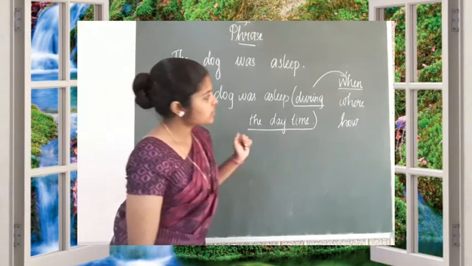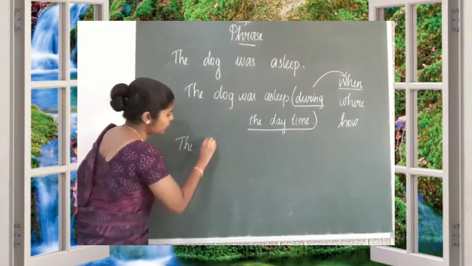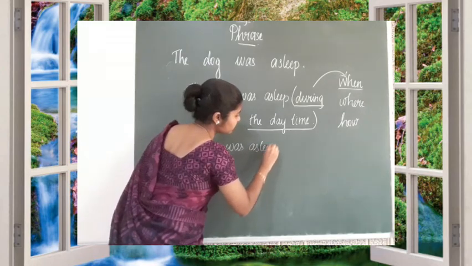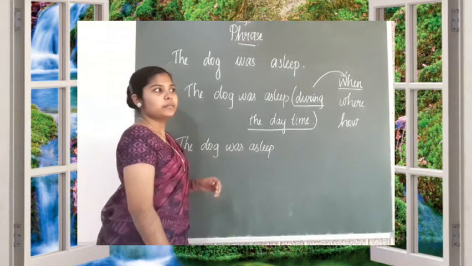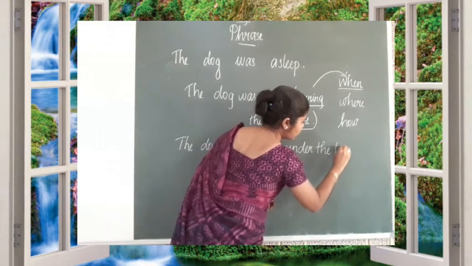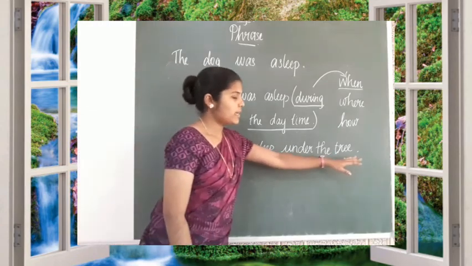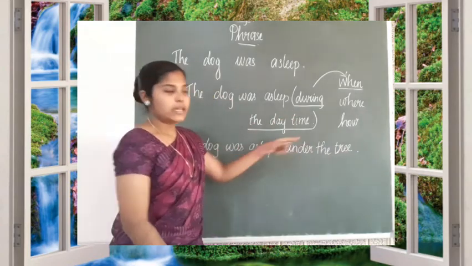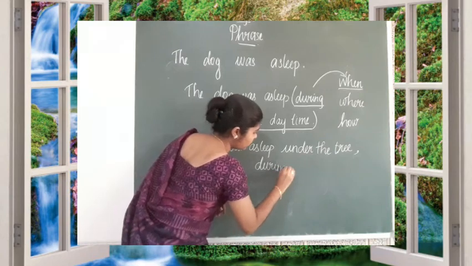Okay. Next, where? The dog was asleep. Where can we write? Under the tree. The dog was asleep under the tree. We can add these two also: under the tree during the daytime.